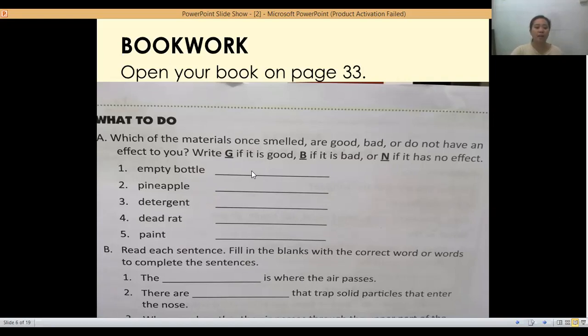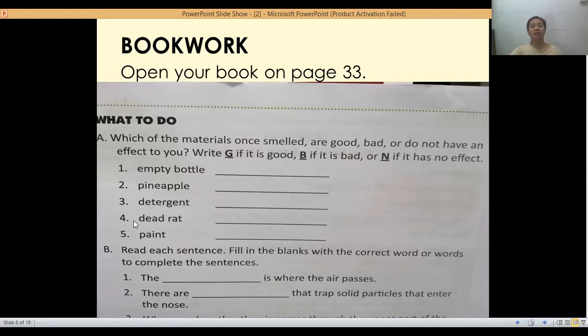Now, number 1, empty bottle. When you smell the empty bottle, is it good, bad, or no effect? Number 2, pineapple. Good, bad, or no effect? Next, number 3, detergent. Good, bad, or no effect?